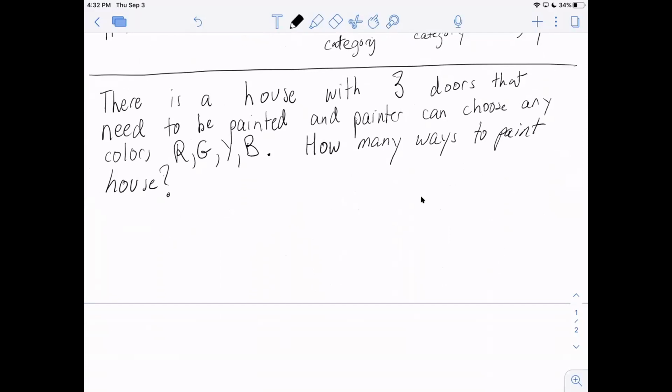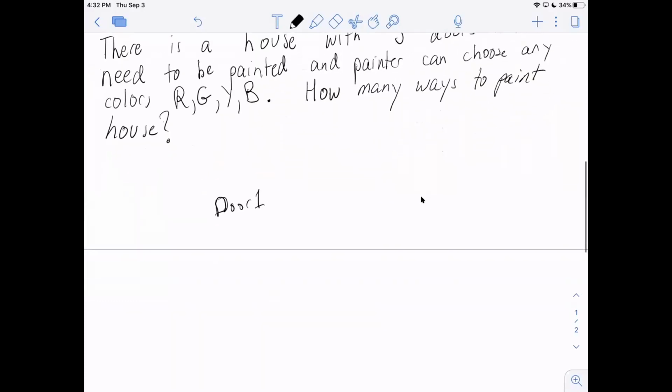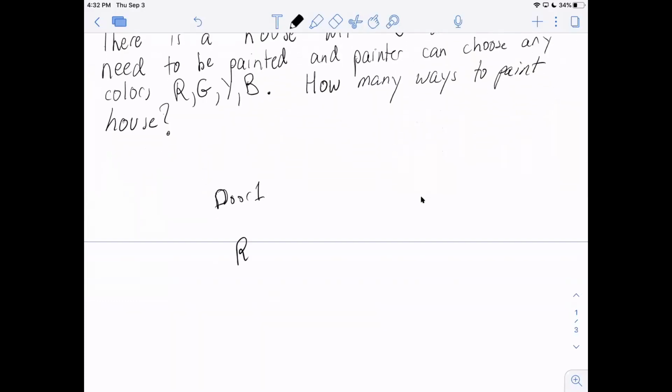So yeah, my answer was 64, which is 4 to the power of 3. Basically, I first thought of it like, for the first door there's 4 possibilities, and then I know you're supposed to multiply it with the next door, so it would be 4 times 4, because for each possibility, say if the first door is red, then the next door could either be red, green, yellow, or blue.